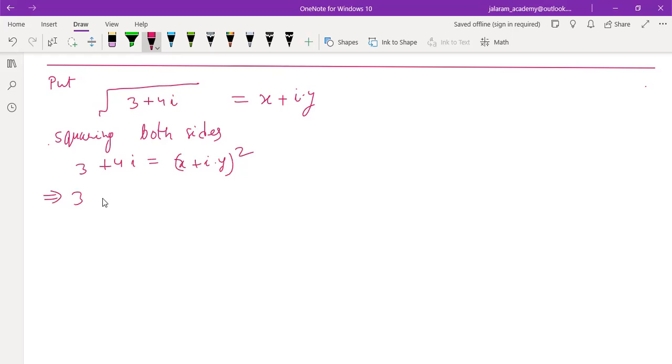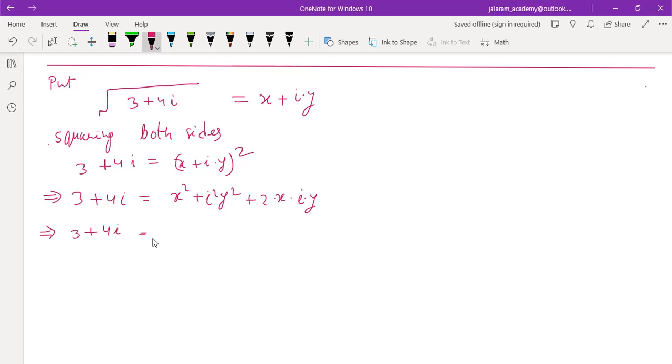It implies 3 plus 4i equals x square plus i square y square plus 2x into iy. Is that clear to you?